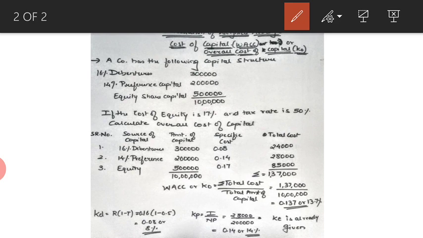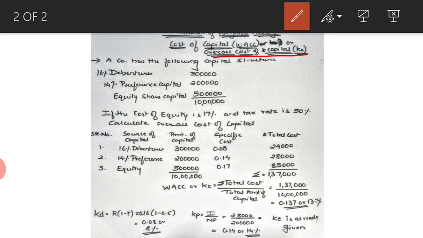When you talk about multiple sources of capital, your specific cost does not hold good, because it talks about only one particular source of capital, whereas the company is using n number of sources. So when the company is using multiple sources of capital, we cannot just calculate the specific cost, but we have to calculate the weighted average cost of capital, or in other words, the overall cost of capital.